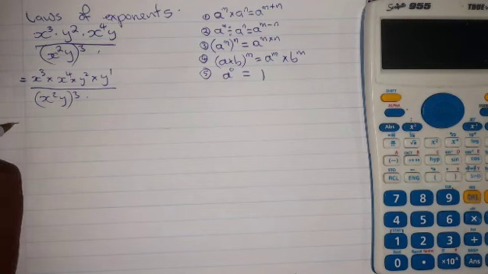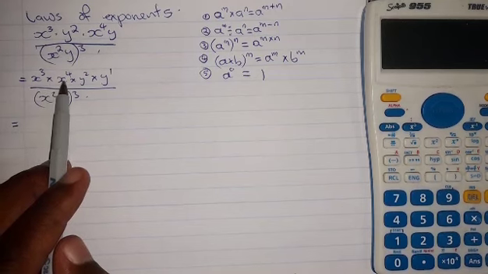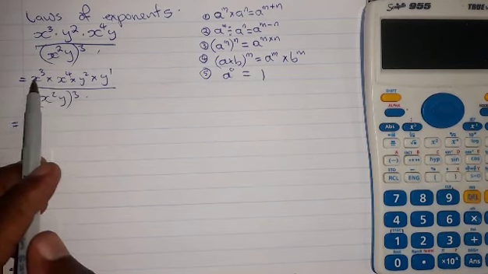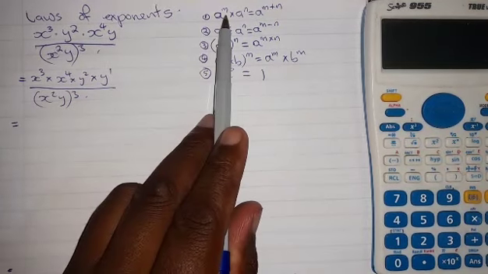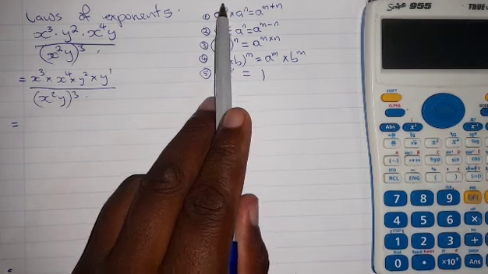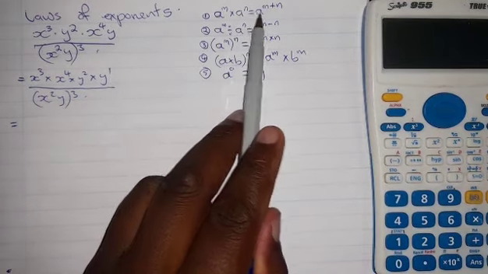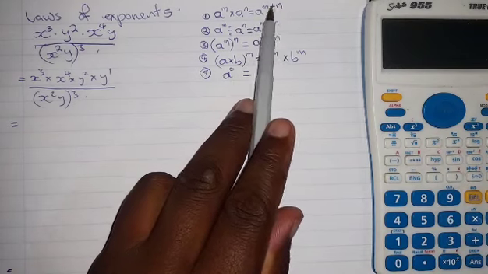All right, so my first step here, I have powers, I have bases which are the same. We just add the powers according to the first law. There is a to the power of m, a to the power of n. When we have a situation like this, we just take that base and then we add the power.